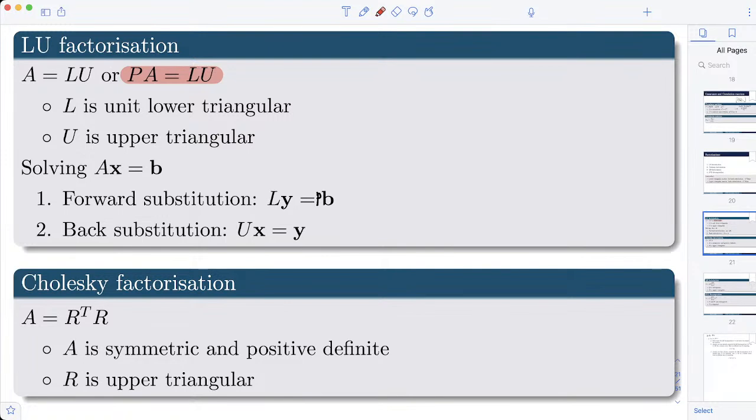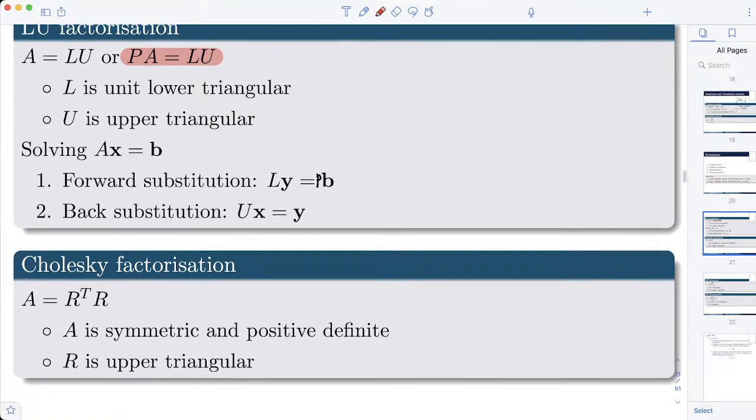One of the issues with it is that when you use it, you end up squaring the condition number because of this R transpose times R. So that's a potential issue with it.